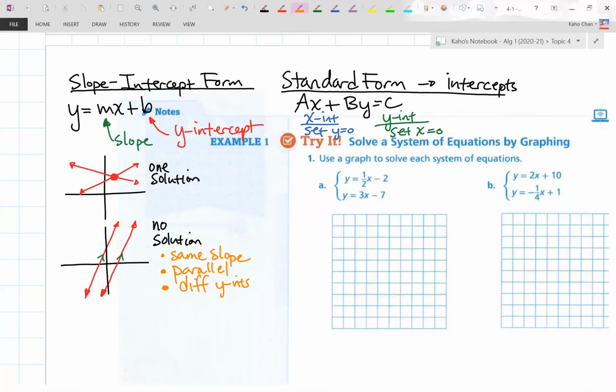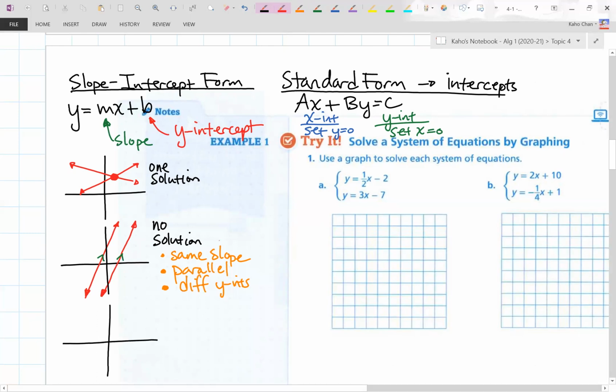Finally, there's a third possibility. What happens if you graph two lines and they are on top of each other? This is considered to have infinite solutions.